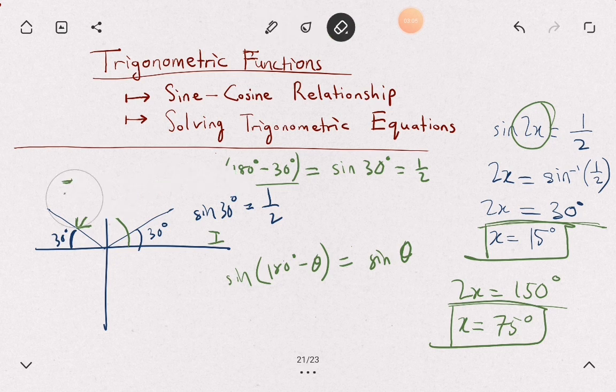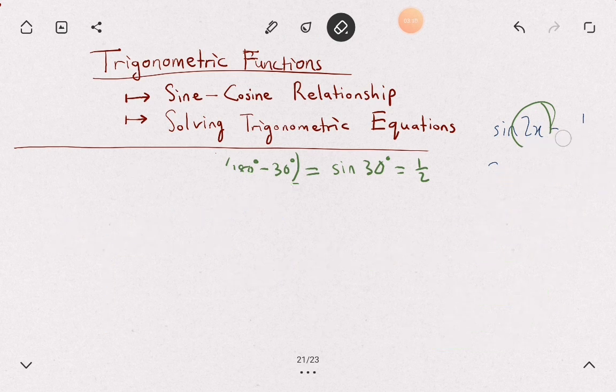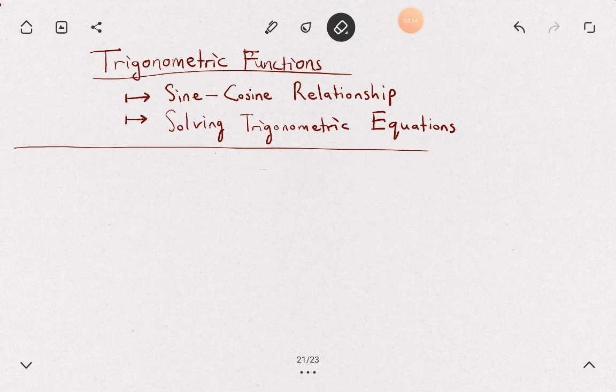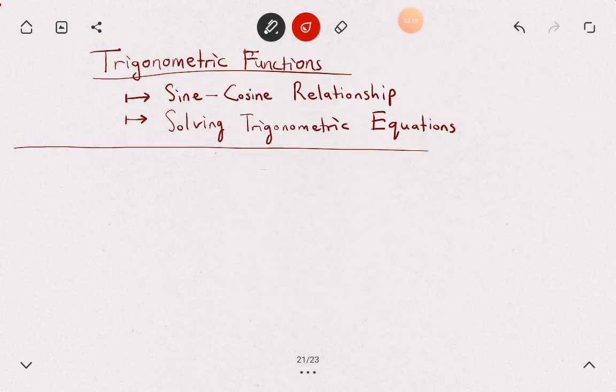Now, first let's go to the sine cosine relationship. I don't want to spend too much time on this. It's very short and simple. Let me tell you the result before I prove it to you.